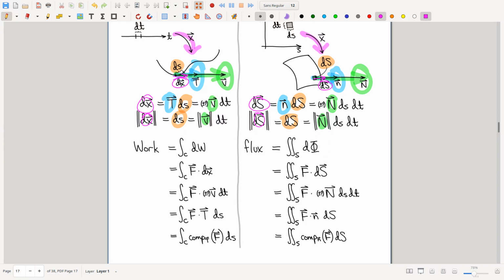Capital N is the thing whose magnitude is the stretching factor, just like V, by analogy, is the thing whose magnitude is your stretching factor. And so, understanding what's going on over here, you can map that over and gain an understanding of what's going on over here. All right, so I hope you'll find that to be useful.